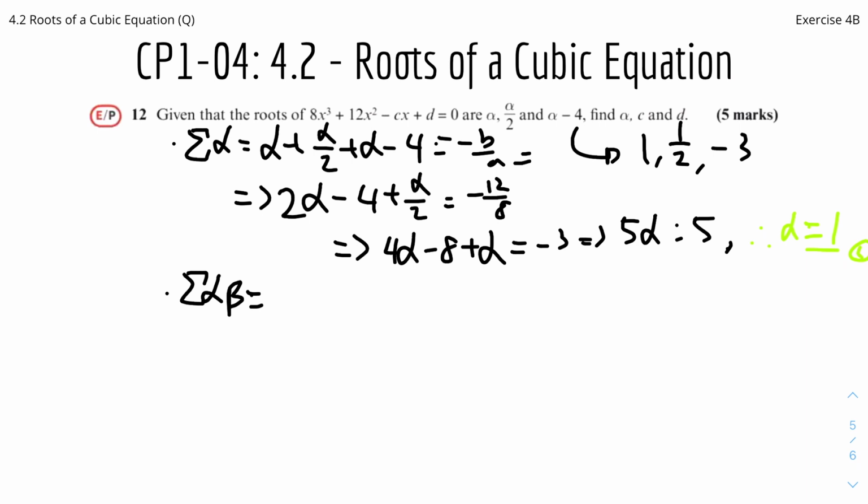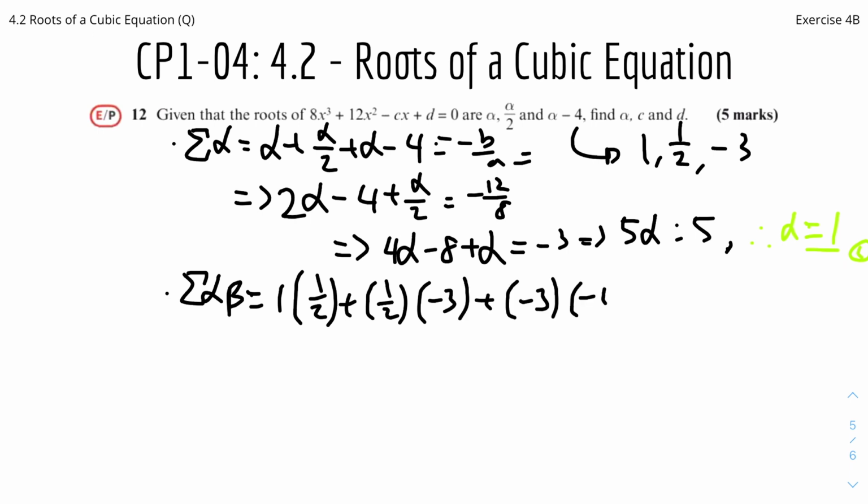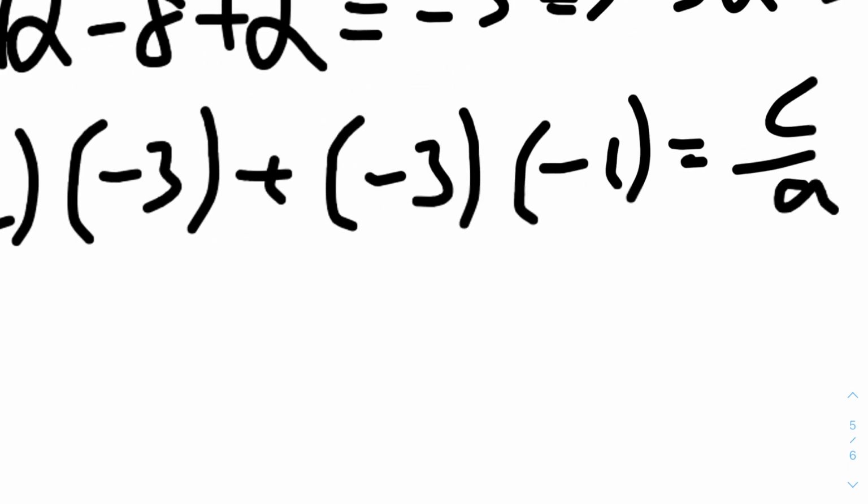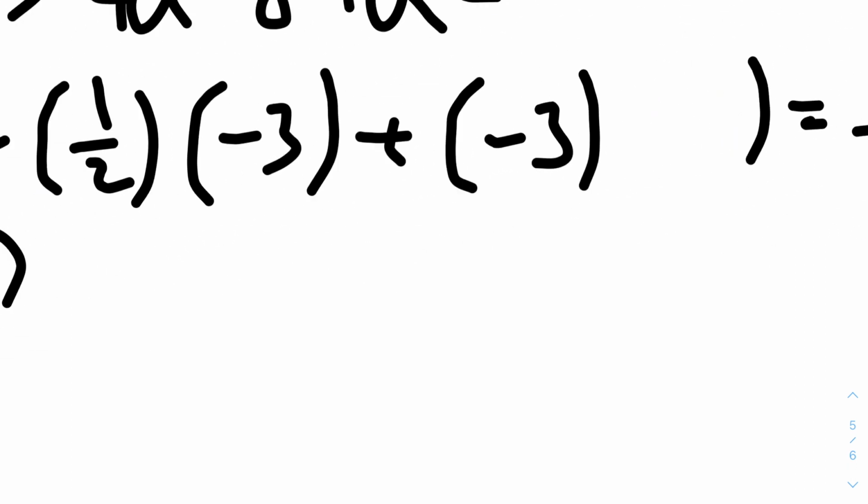So it'll be alpha beta plus beta gamma plus gamma alpha equals c over a, and c over a is equal to minus c over 8. But let's just do it one by one. So it will be 1 times 1 over 2 plus 1 over 2 times minus 3 plus minus 3 times just 1, not minus 1, sorry, or else it'll mess up everything.